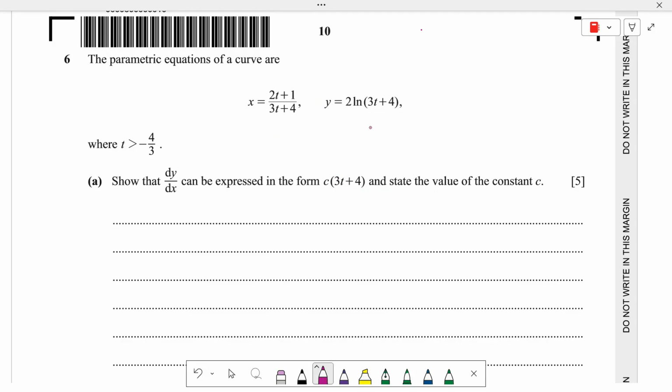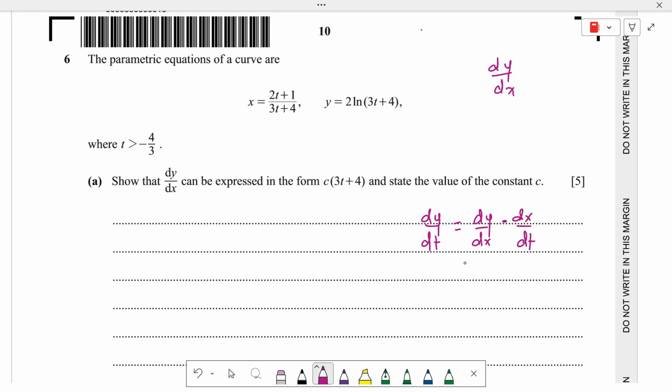Okay, we need to find dy/dx. And we know that by the chain rule, dy/dt is equal to dy/dx times dx/dt. So dy/dx is equal to dy/dt over dx/dt.